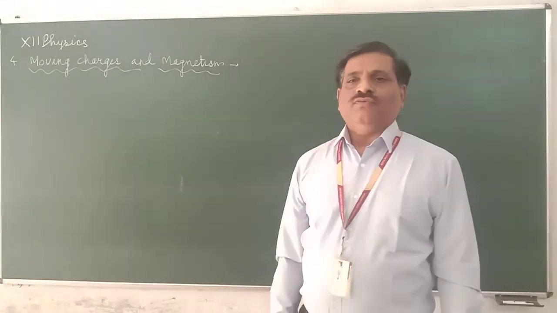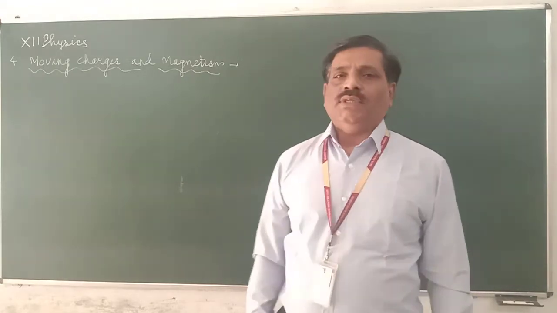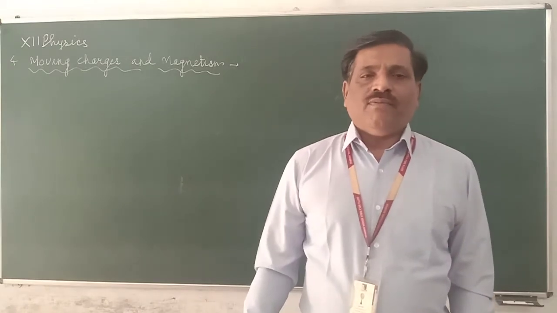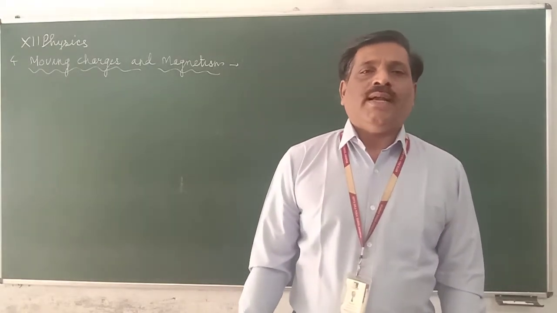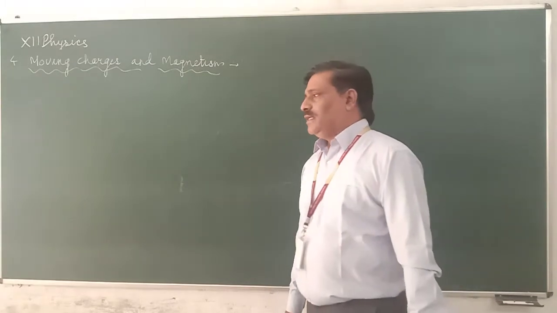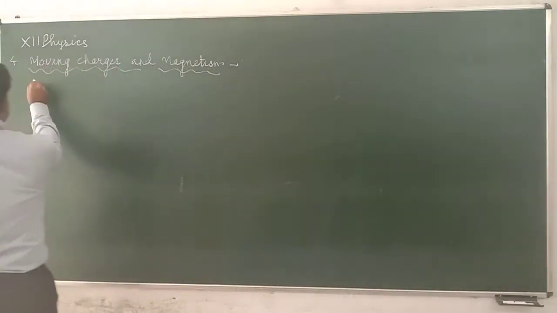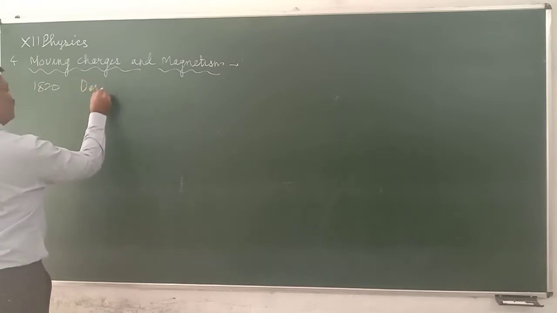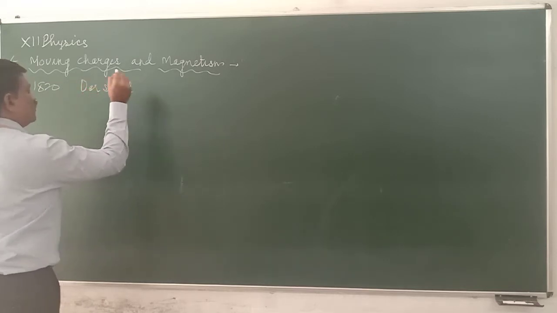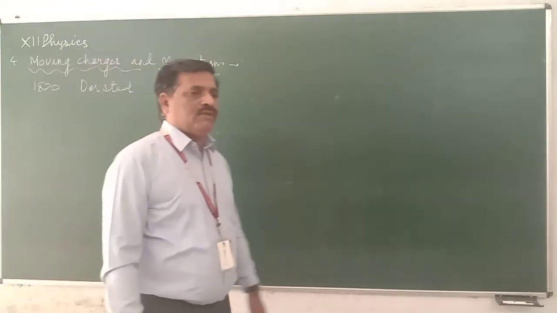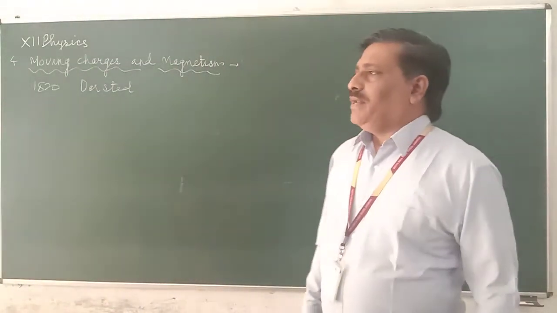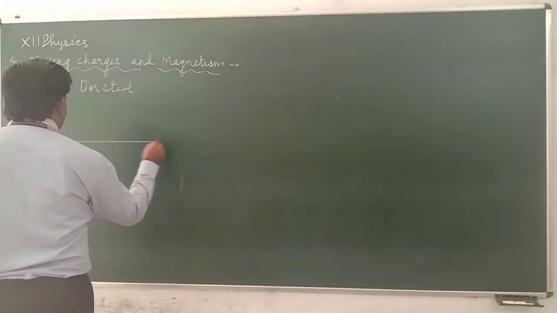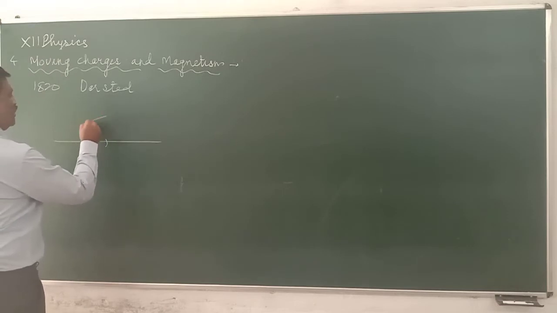Electricity and magnetism were known for 2000 years, but the intimate relation between them was found 200 years ago, somewhere in 1820, when the Danish physicist Oersted, in one lecture demonstration, found that when a magnetic needle is placed near a current carrying wire, it shows deflection.